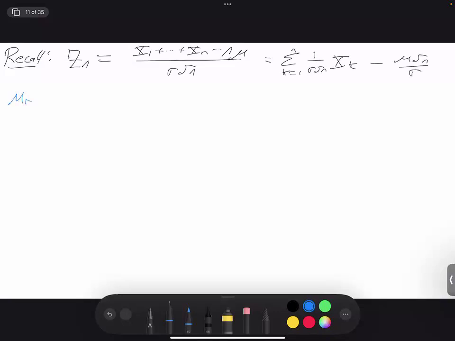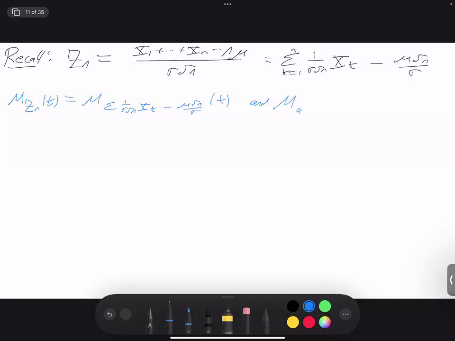The moment generating function of Zn of t is going to be the moment generating function of the sum of 1 over sigma square root of n xk minus mu square root of n over sigma, at t.